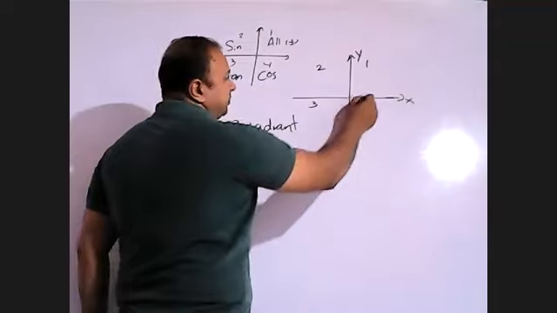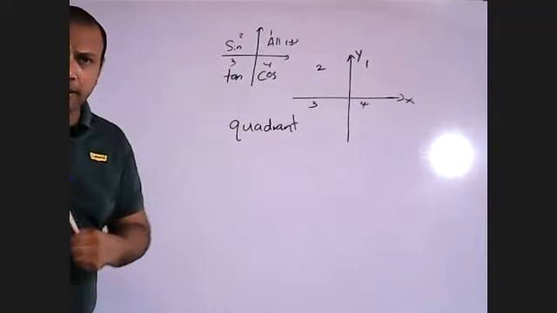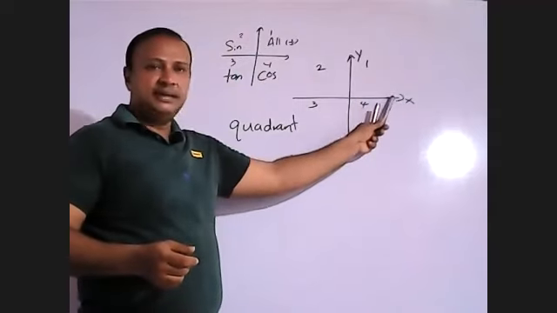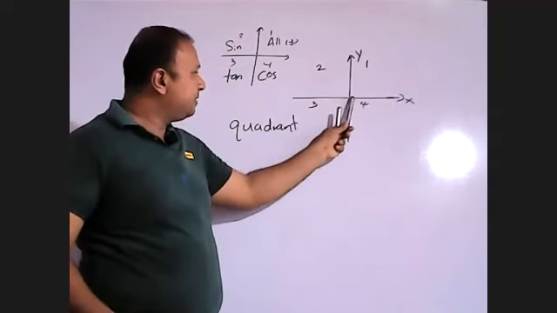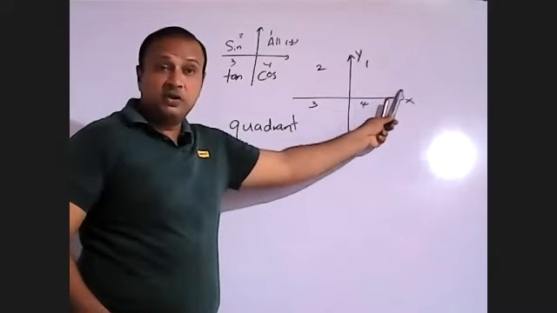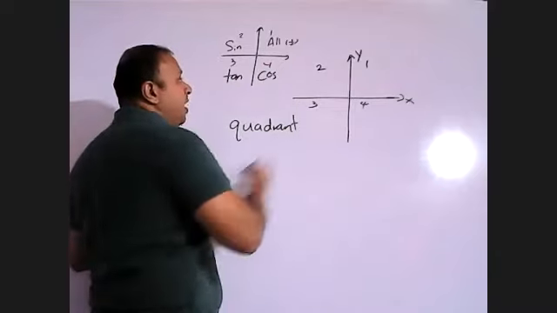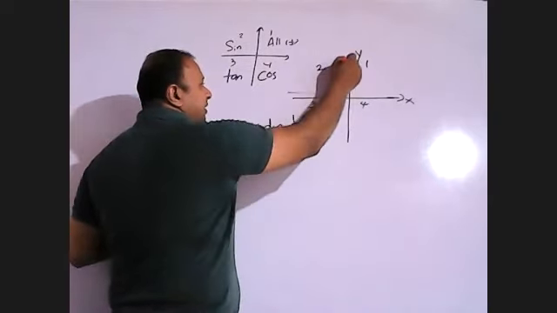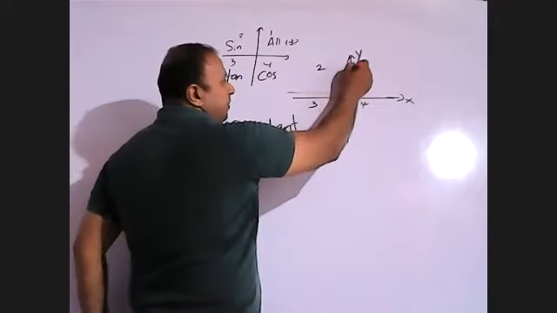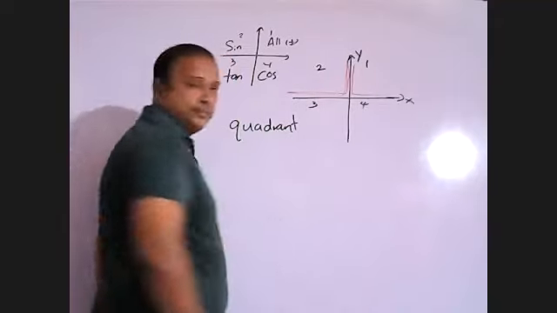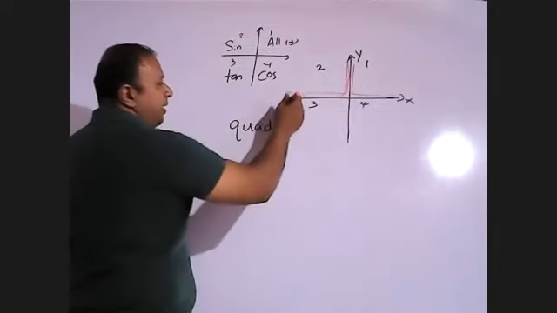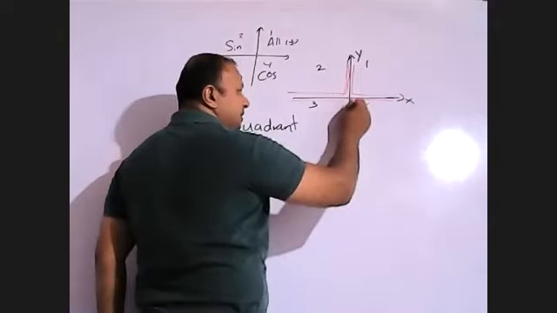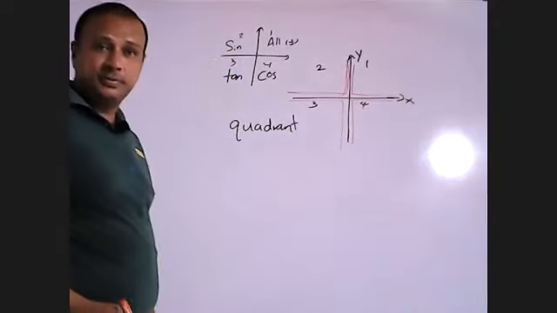Okay, this is the first quadrant, this is the second quadrant, third quadrant, fourth quadrant. In the first quadrant, x and y axes are positive. Look at this, y values are positive, x values are positive. The boundaries of each quadrant are these axes.